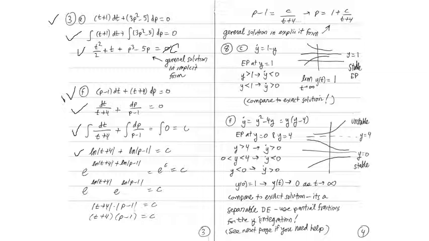So since we have natural logs on the left-hand side, we exponentiate both sides. In this step here, e to a constant is a constant, so we've redefined the constant at that point. We use a property of exponents here to break up the two factors on the left-hand side, and then we just have the absolute value of t plus 4 and the absolute value of p minus 1.